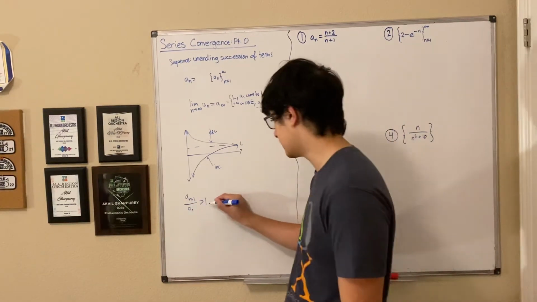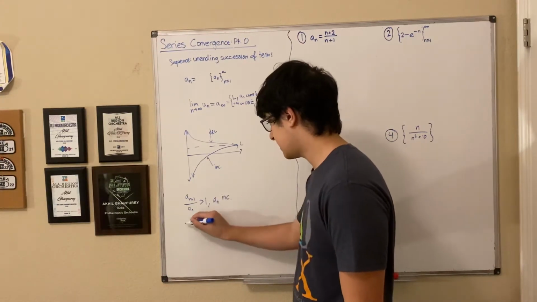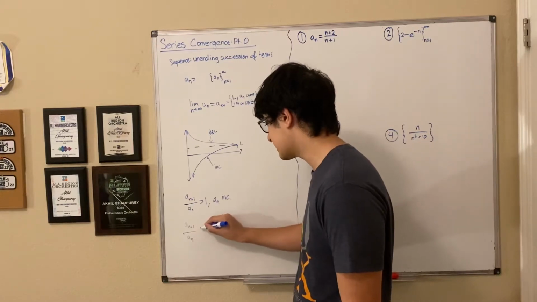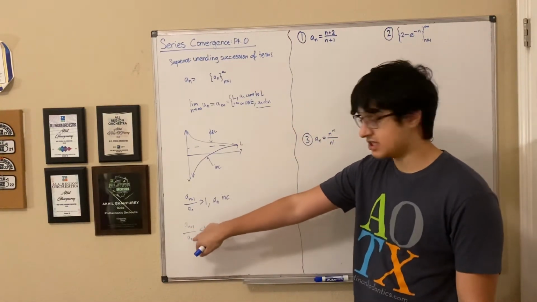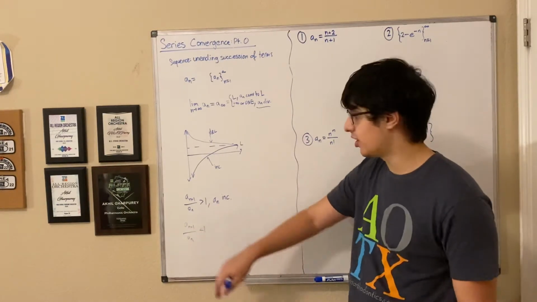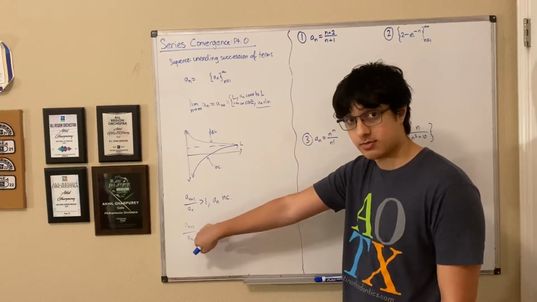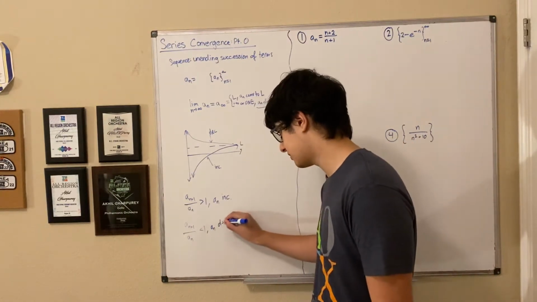So a sub n will be increasing. If a sub n plus 1 over a sub n was actually less than 1, by contrast, then a sub n is greater than a sub n plus 1, meaning that a sub n is decreasing.